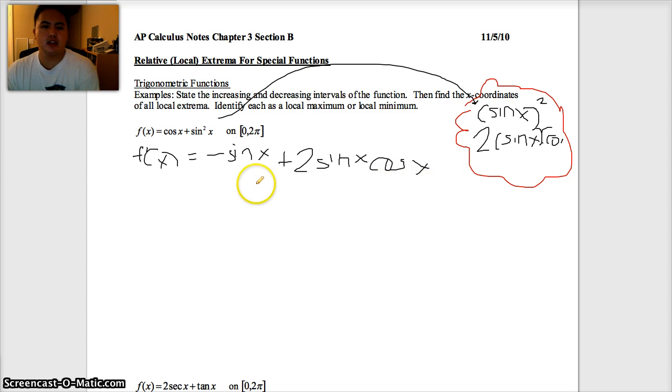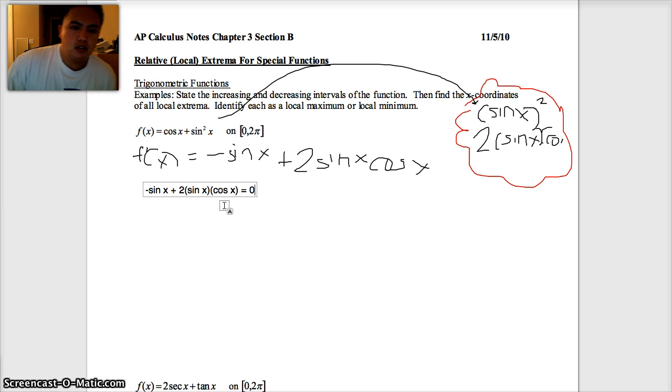Okay, so far? Okay, what was my next step? Yeah, I'm going to set it equal to 0. So negative sine x plus 2 sine x cosine x equals 0. What was my step after that? Do y'all remember?